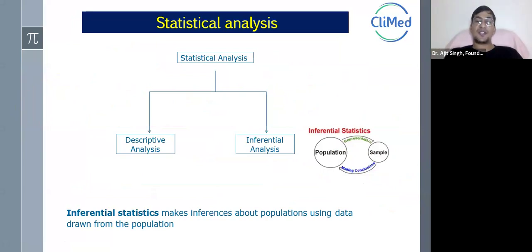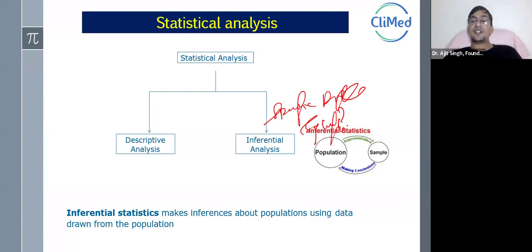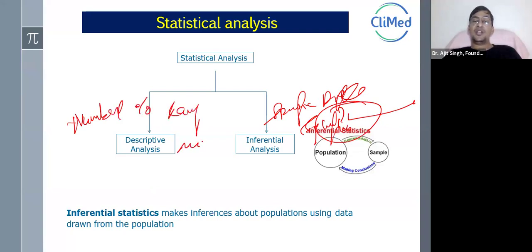High-end statistics means survival analysis, Kaplan-Meier, regression, where we need specific differences, like p-value and significance. Wherever we need significance, that comes under inferential analysis, where we just need numbers, percentage, range, mean, mode, median, that is descriptive.